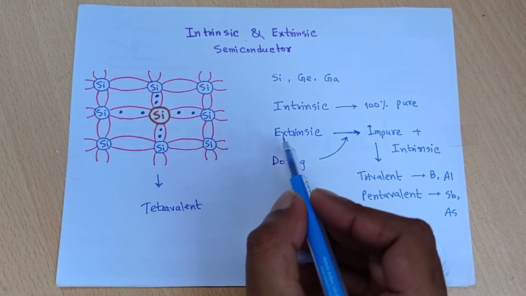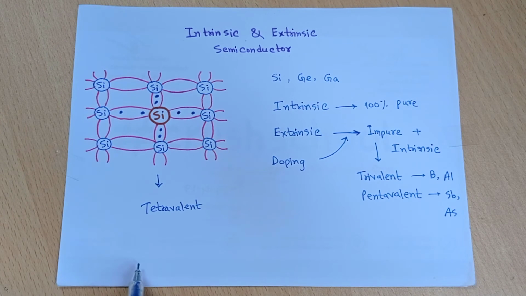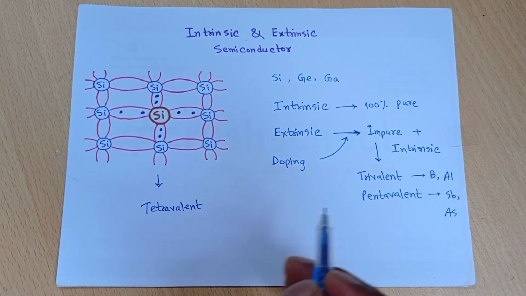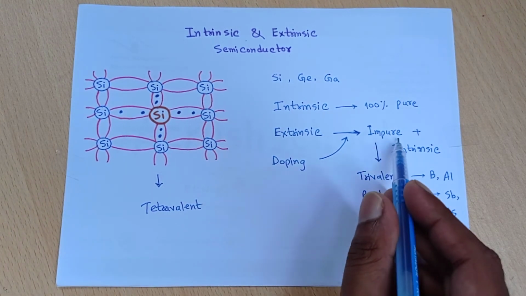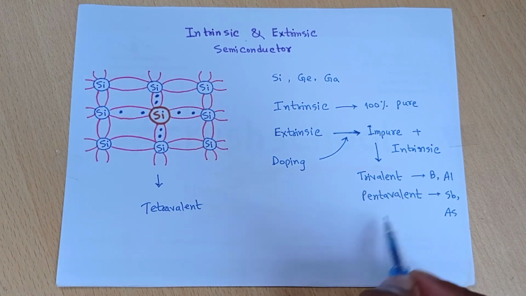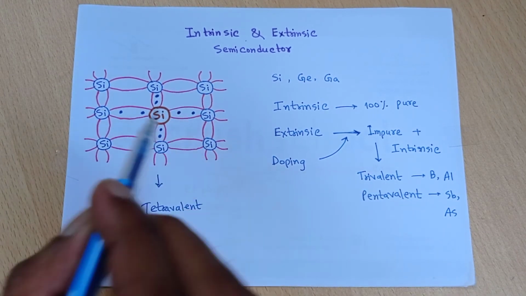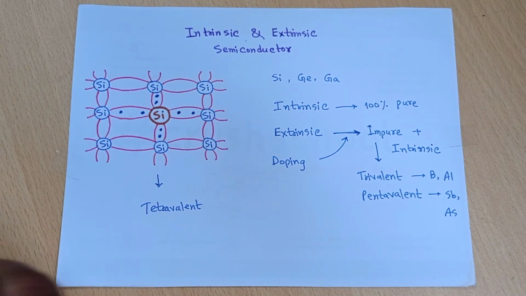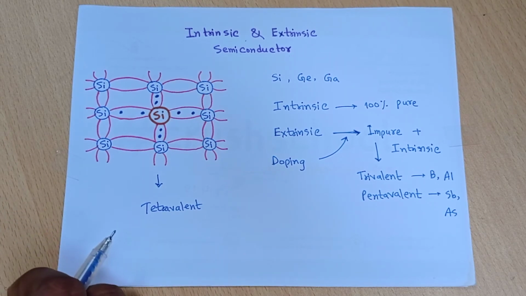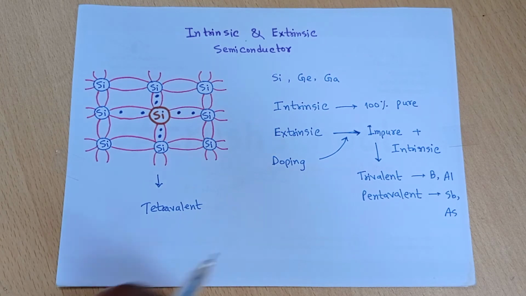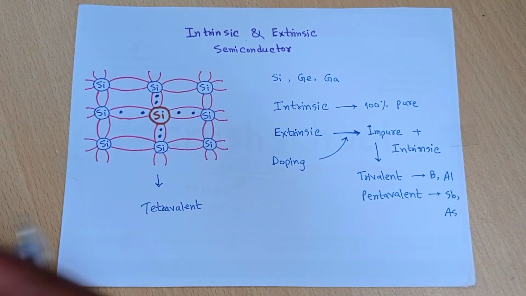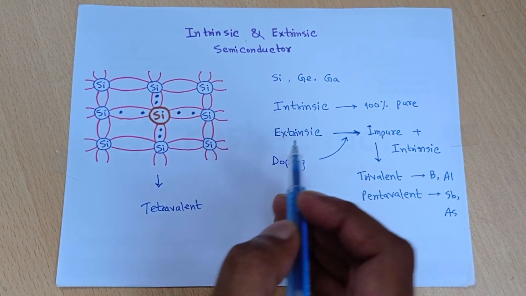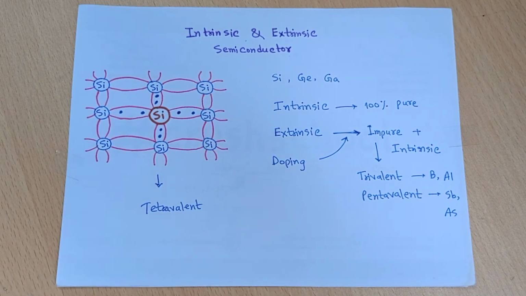But in case of extrinsic semiconductor, we do not apply any heat, because when we add the impure material like trivalent or pentavalent material to this pure intrinsic semiconductor, then the conductivity of the material is increased. In that case we do not apply any heat to extrinsic, but we have to apply heat on intrinsic so that the conductivity of the current is increased.